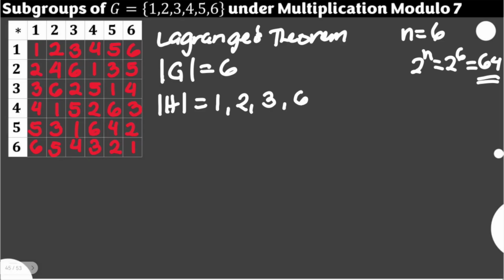What does this mean? We are assured, according to the Lagrange theorem, that our subgroups are having order, cardinality, or size of 1, meaning we have a subgroup of 1 element, we have a subgroup of 2 elements, we have a subgroup of 3 elements, and finally we have a subgroup of 6 elements. What is the point of this being discussed? We may trim down our process because there's no need for us to try 4 and 5, meaning any subset of size 4, cardinality or order of 4, or even 5.